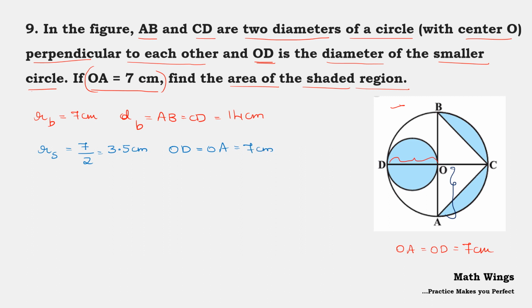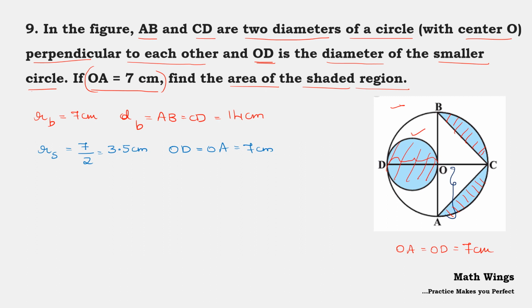Now what have they asked us to find? They have asked us to find the area of the shaded region. So if you observe the diagram, we can clearly get that the area of the shaded region is nothing but the area of the smaller circle plus the area of these two segments here. But what is the area of these two segments?